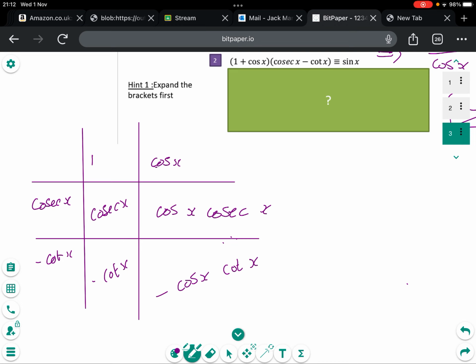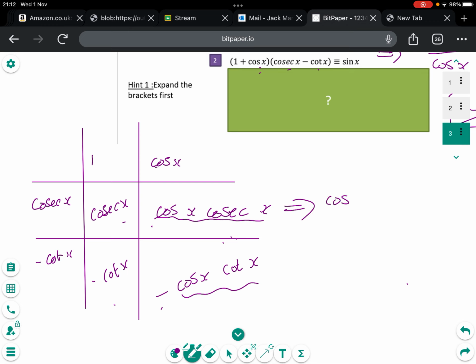Now, I'd need to add all these different pieces together, but perhaps there might be some clues about what to do from here. So, am I happy with my expansion? Cos minus cos cosec, yeah. So, I'm going to work with these terms here first, I think. So, this is the same as what?